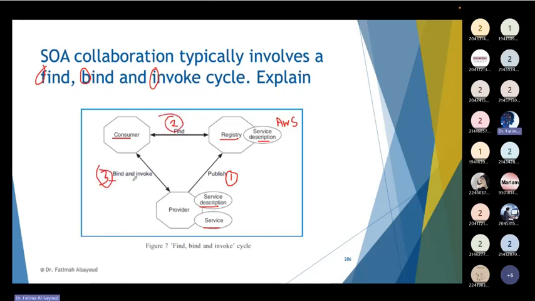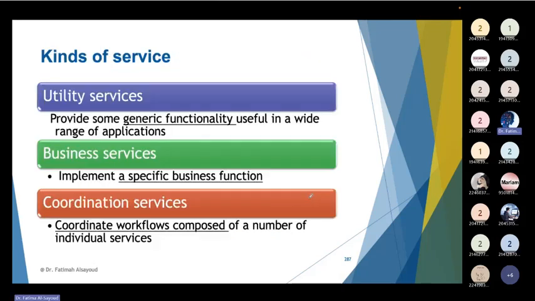So bind and invoke come together as one step. But before this, it didn't come from nowhere. I have a provider, which is Amazon Web Services. They worked and sat down and wrote a description for each service, what the services are, and then they publish it in the registry. So this part is not specific to me. I didn't know about it. What I care about is this part. I go, I select and then find. So this is how we can explain it.